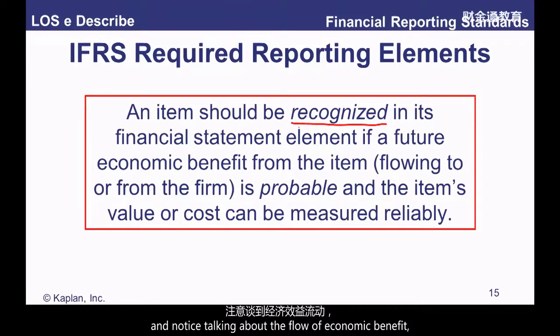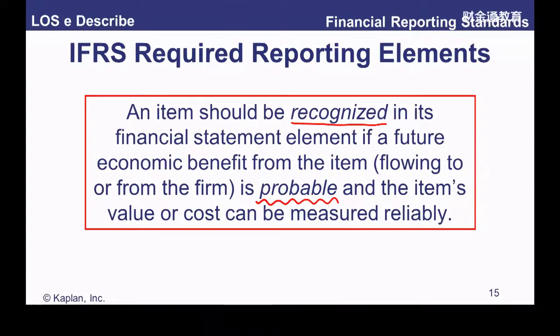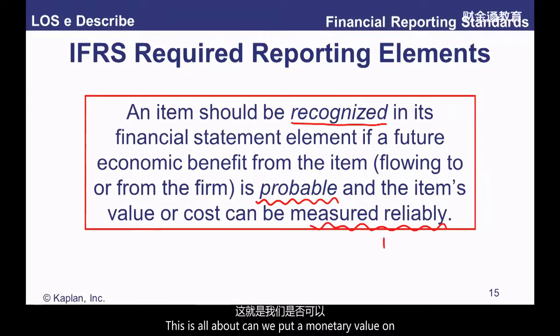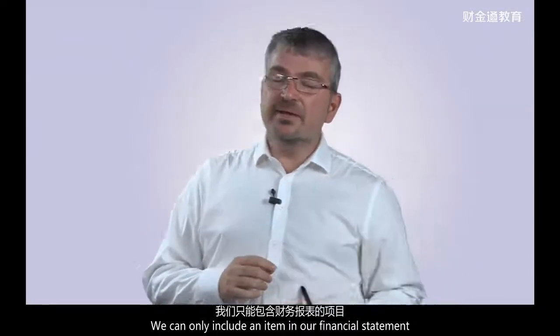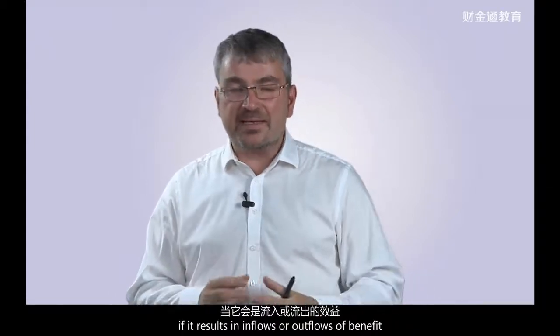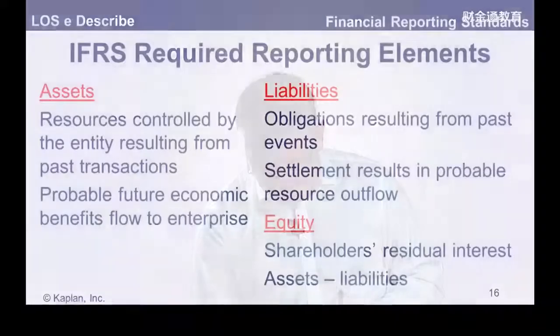And notice when they're talking about the flow of economic benefit, we've got this key word, probable. It is a likely flow of benefit to or from the company. And then finally, the item's value or cost can be measured reliably. In other words, can we put a monetary value on the item? So we're going to include an item in our financial statements if it results in inflows or outflows of benefits that are likely and we can ascertain the monetary value.